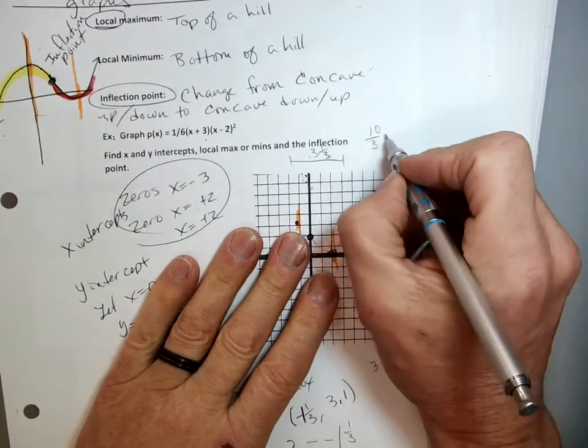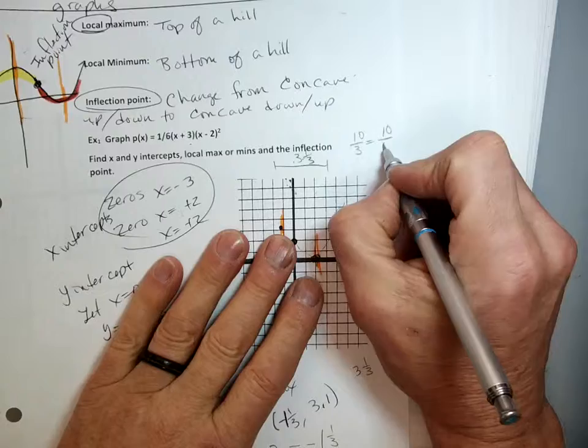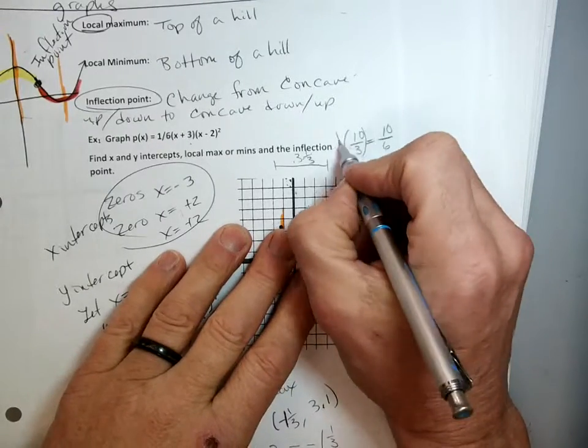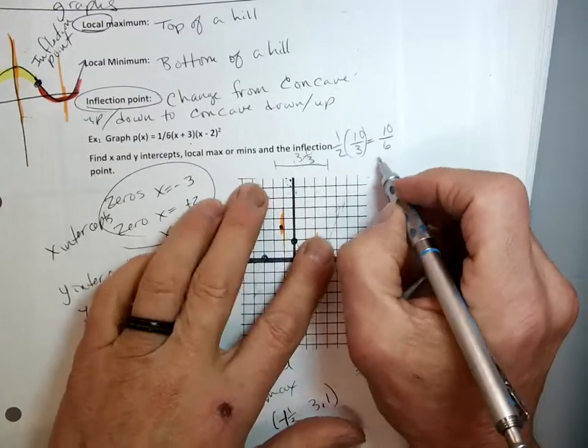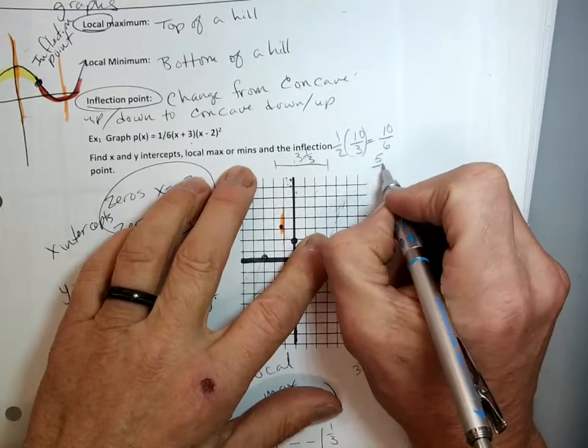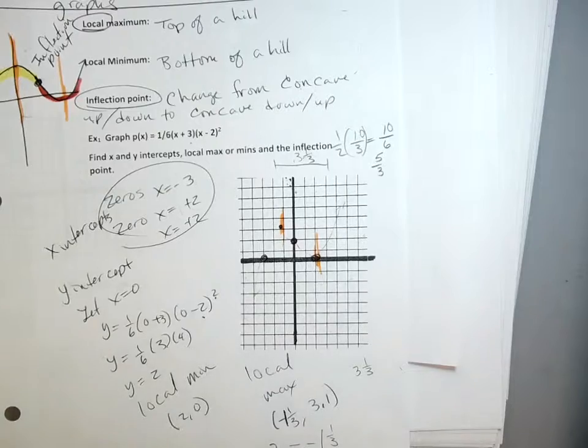And if I take half of that, that'd be 10/6, which is 5/3. If I reduce that, I know fractions are always tough.